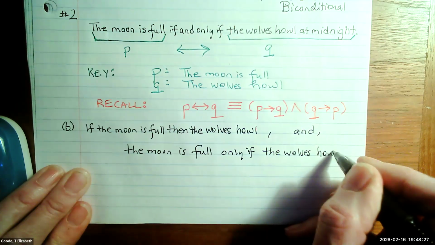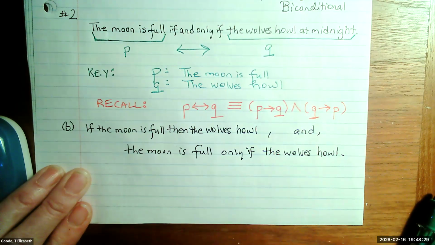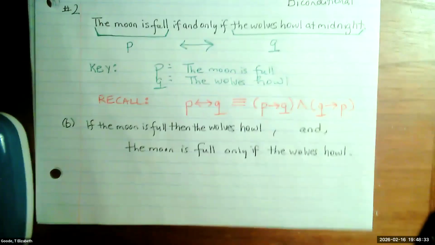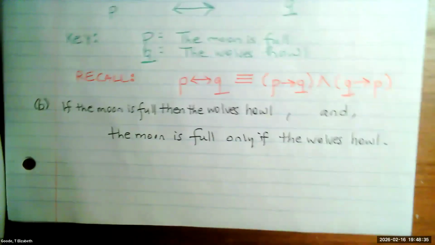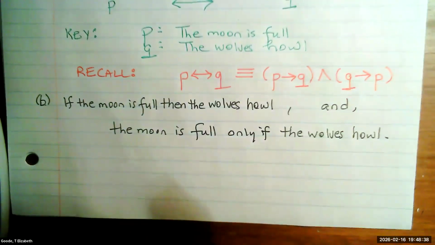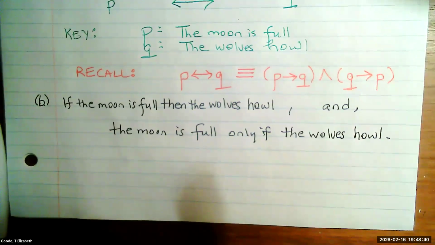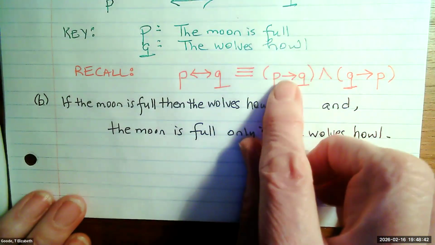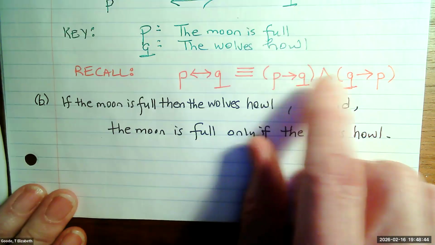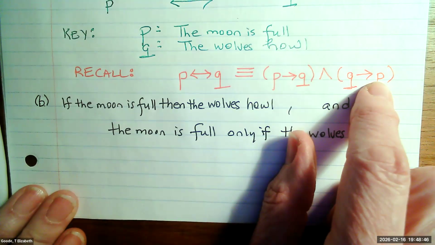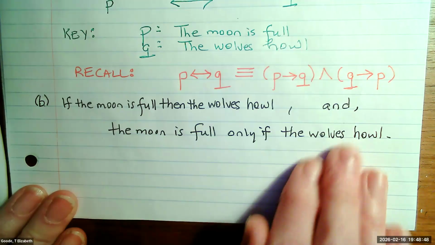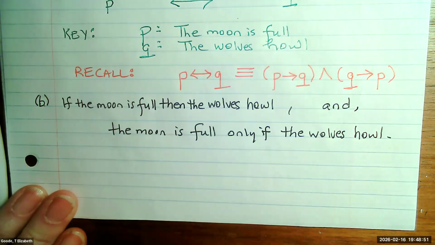At midnight. I'm just saying the wolves howl. Okay. That's what it says. And what we want to do is look at this statement and see if we are getting both if P then Q and if Q then P from this. So let's take a look.